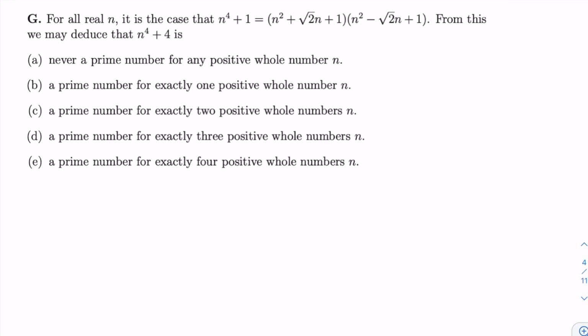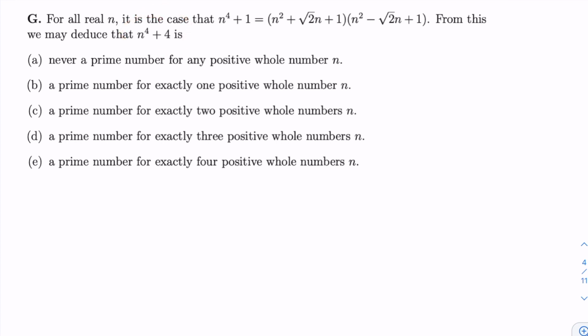Here we try to argue, is this a prime or not? Is it never a prime, or a prime for exactly 1 or 2, or prime for 3 or 4 numbers? I don't know why they're putting this. This may not be relevant, but this is a very famous example.